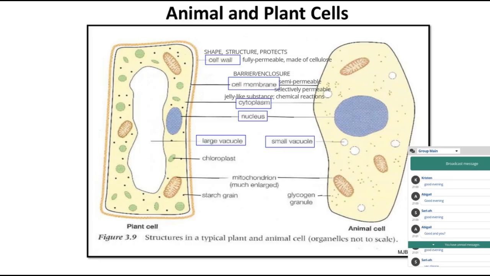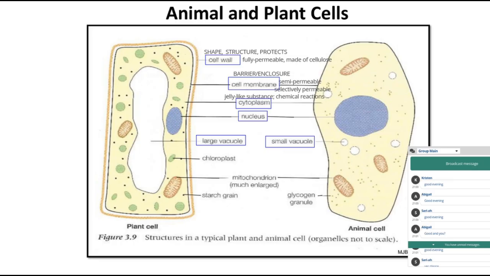Aside from the size, we clearly see it's much larger in the plant cell, and much smaller and more numerous in the animal cell. Can anyone tell me what the vacuole does? Right, it will tend to store materials like water and nutrients, especially as it relates to the plant cell.